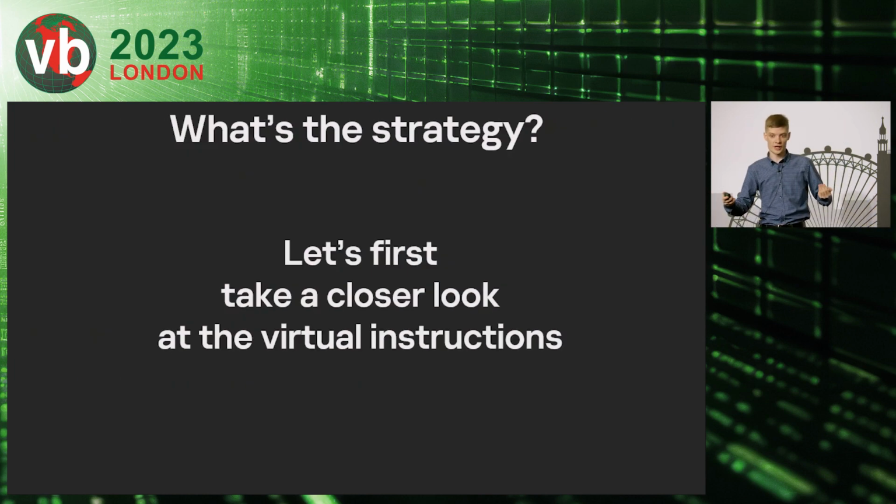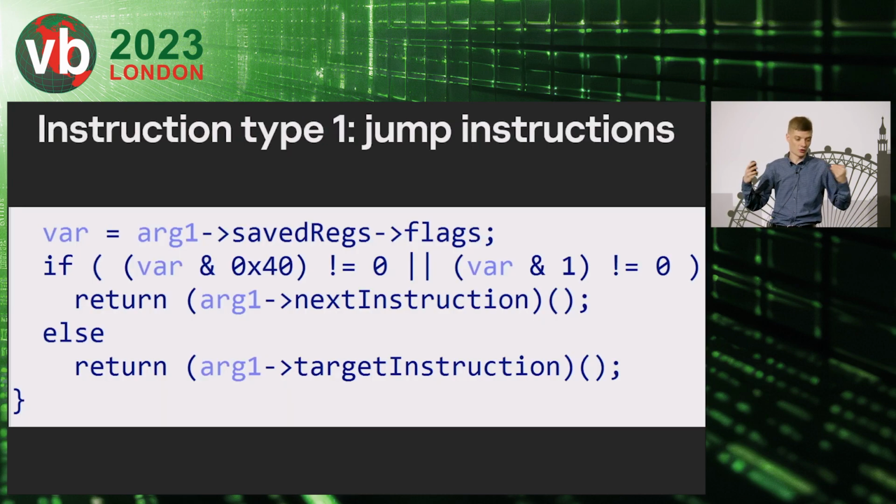So before doing any scripting, I decided to take a look at the virtual instructions. Having reverse engineered all 34 instructions, it became clear that they can be divided into three types. The first type is jump instructions.